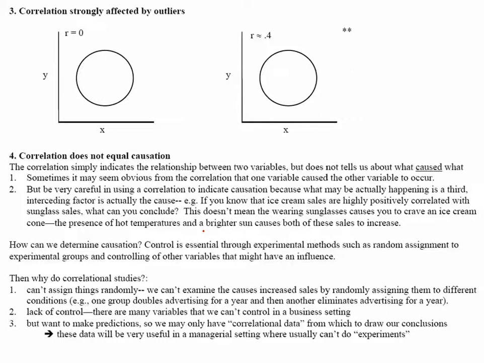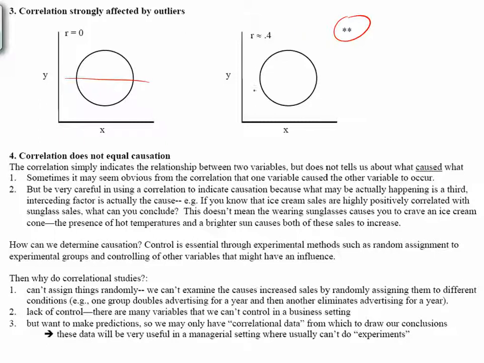Finally, correlation is strongly affected by an outlier. In the first example here, we have essentially no relationship between x and y. In the second example, we see that we have these outliers here.